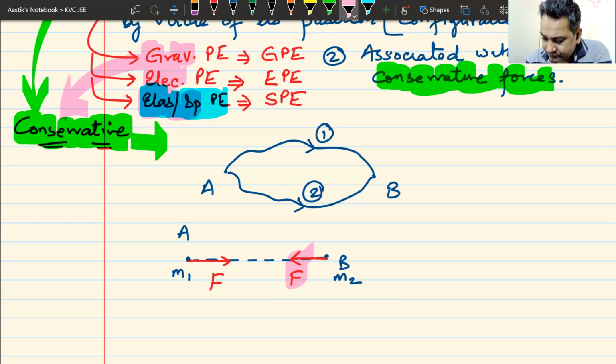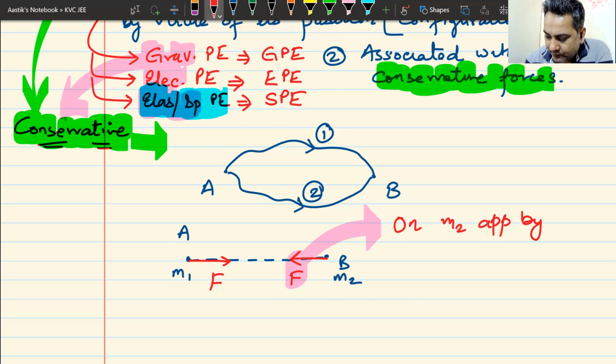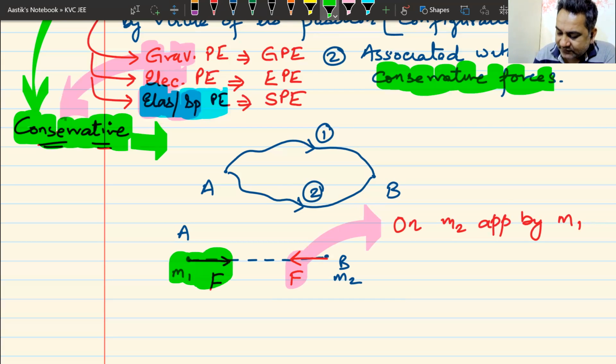So this F is the force on M2 applied by M1. This F, same in magnitude and opposite in direction, is the action-reaction pair.